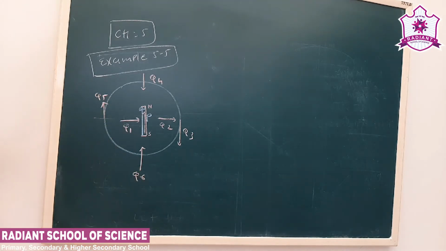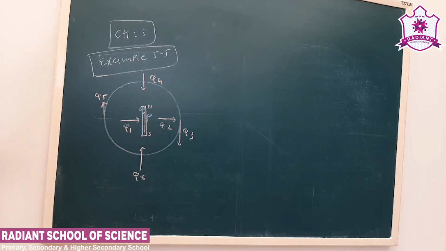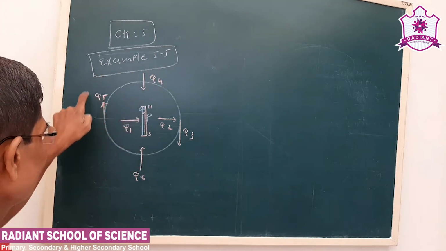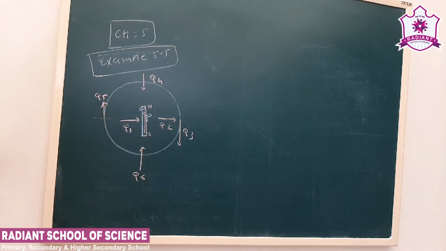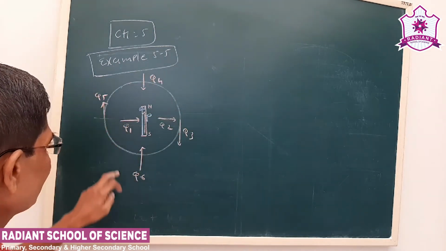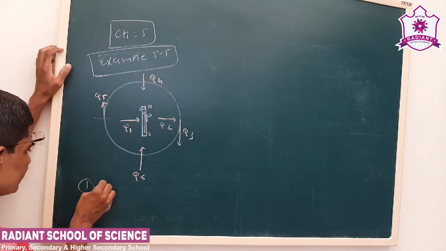So P produces a magnetic field and these are the small magnetic needles placed at different positions, 1, 2, 3, 4, 5 and 6. What we have to find out? The question first asks in which configuration the system is in non-equilibrium.